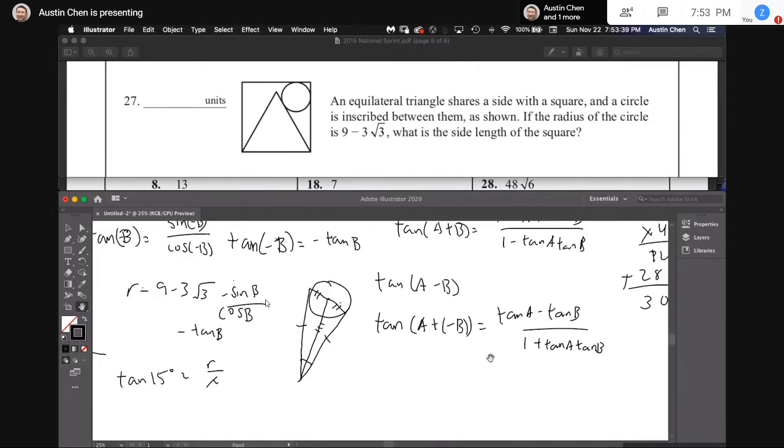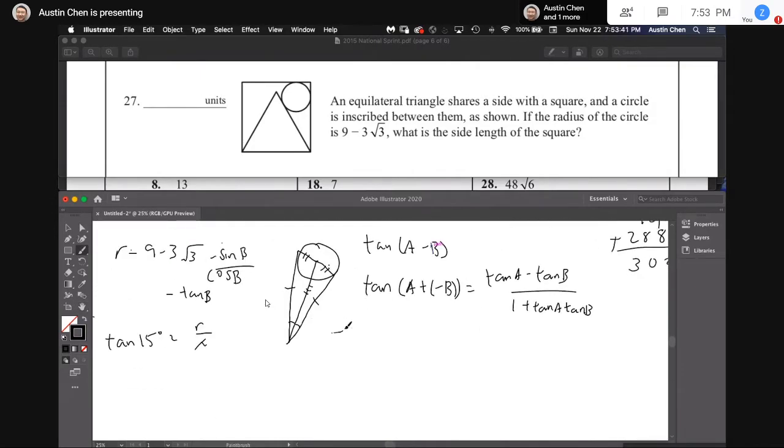Now we can utilize this in here, because we can say tangent of 15 degrees will equal tangent of 45 degrees minus 30 degrees. And then we can put that into this equation, and this is easier to work with because we do know what the tangent of these special angles are.